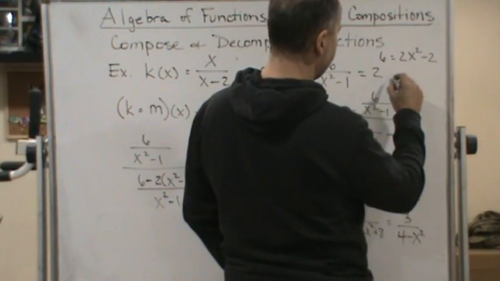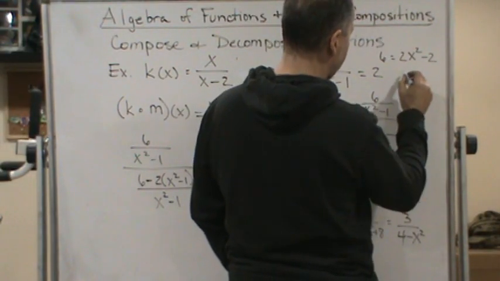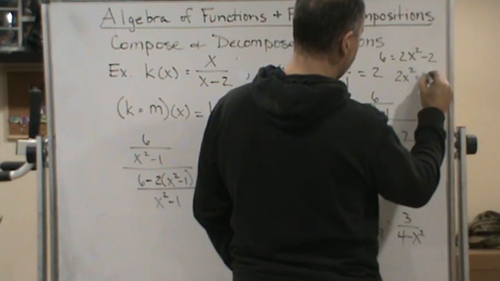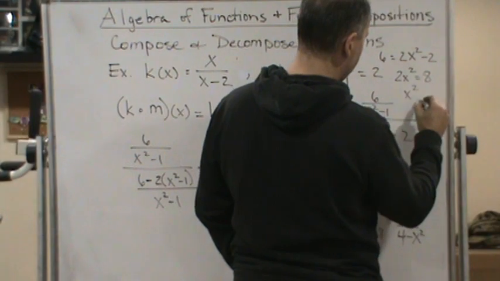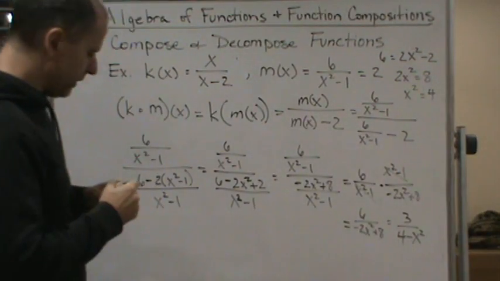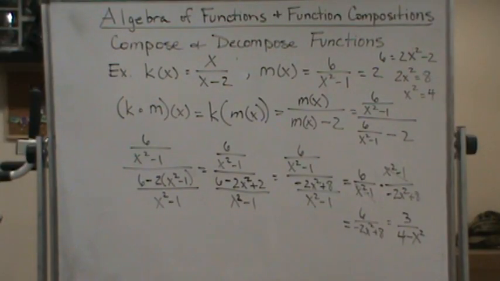Yeah, I think I did that right. Maybe I'm just now recalling what I said. So if I do 2x squared equals 8, which is x squared equal to 4, yeah, so we get the same values.